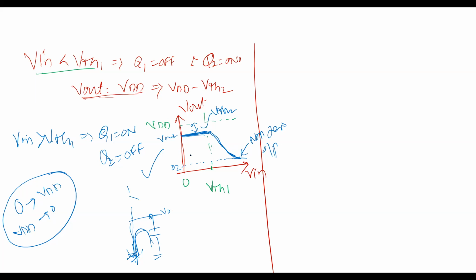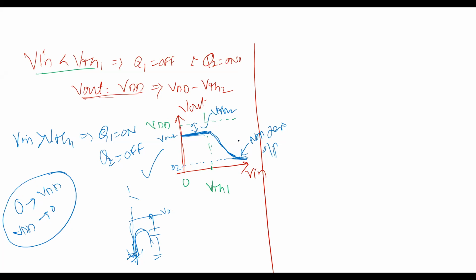For the low input voltage, let us say 0 input voltage, you will get an output less than VDD, that is VDD minus VTH2. For the high input voltage, suppose the input is equal to 1, that means VDD, your output is not 0; it has some value.